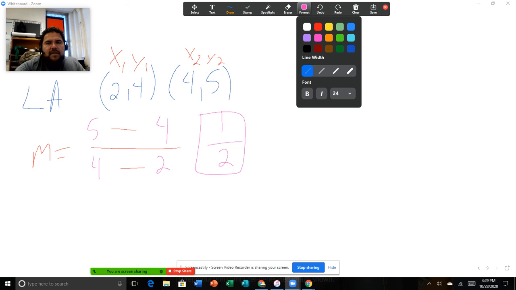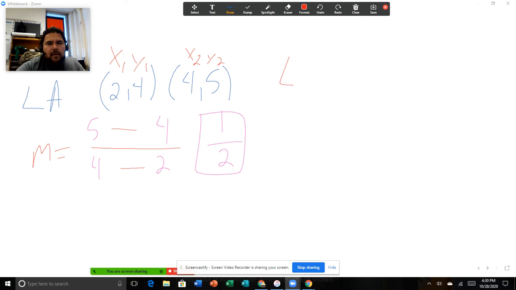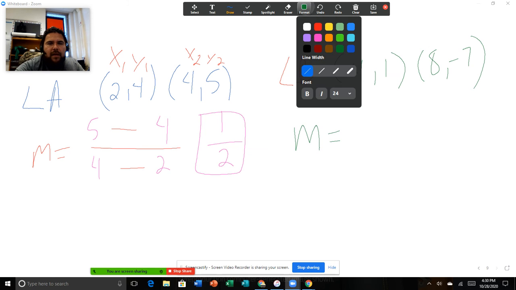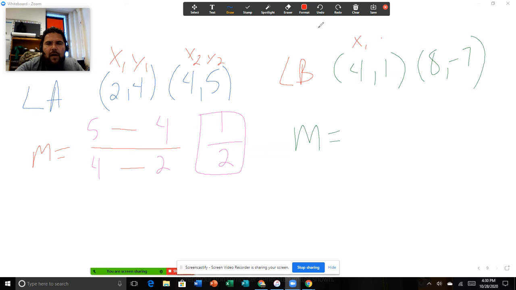Okay, let's look at line B. Line B will have these points, which we'll say are (4, 1) and (8, -7). Again, we use the same slope formula, so we label our points x1, y1, and x2, y2.